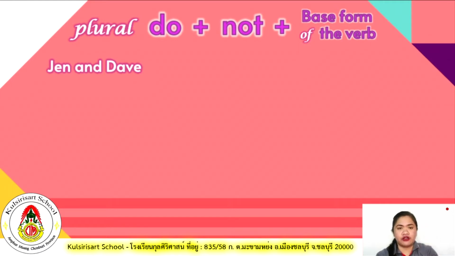Again, it says here, we have do plus not, and then the base form of the verb, and then the continuation. We have here the verb drink. Jen and Dave do not drink coffee. Okay, so as you can see, we use the word drink because there is no such word as drinks.